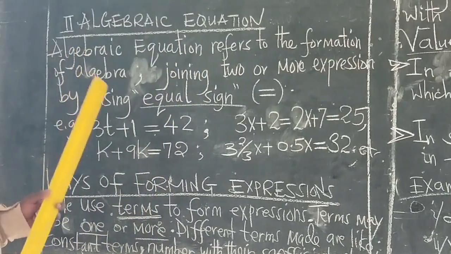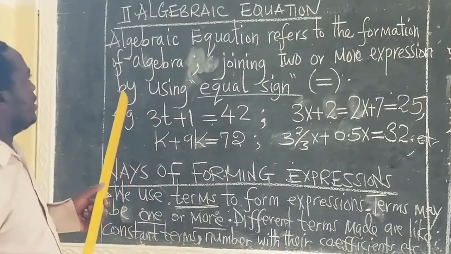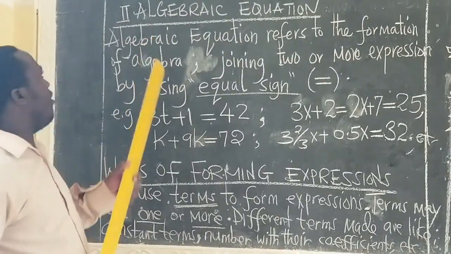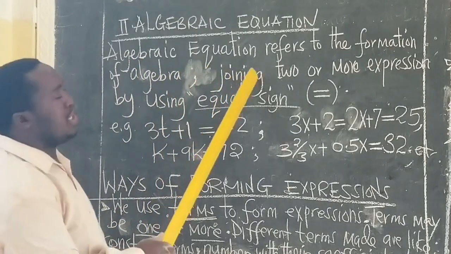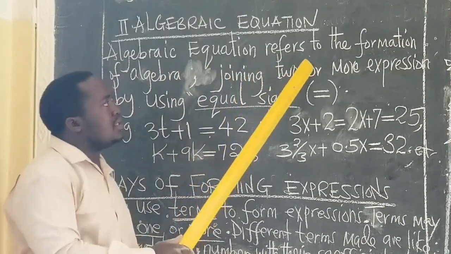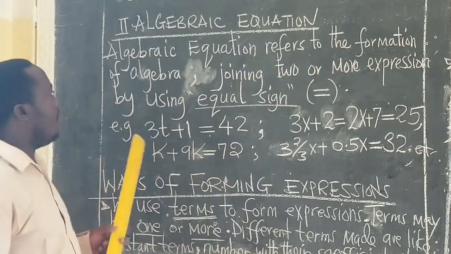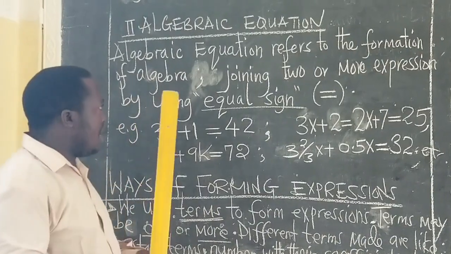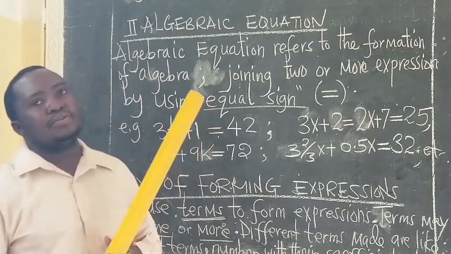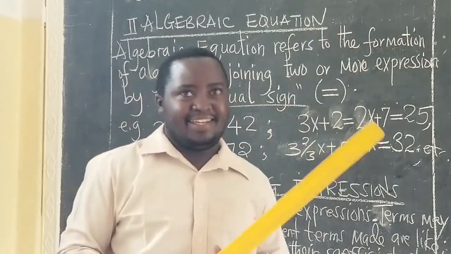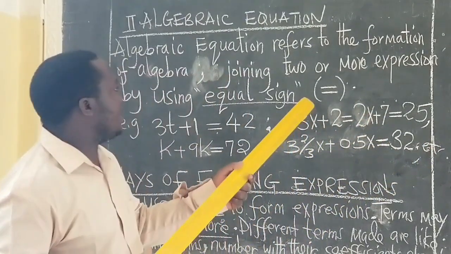Now, that is the meaning of algebraic expression. Let us do the meaning of algebraic equation. Algebraic equation refers to the formation of algebra joining two or more expressions by using an equal sign. This is what differentiates them.